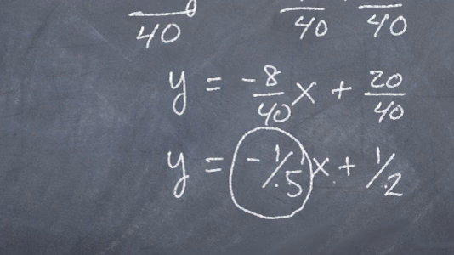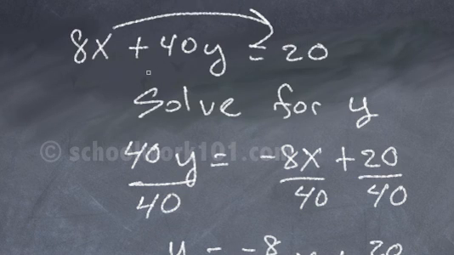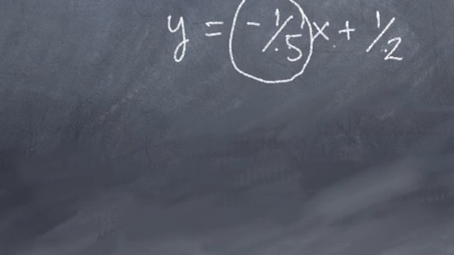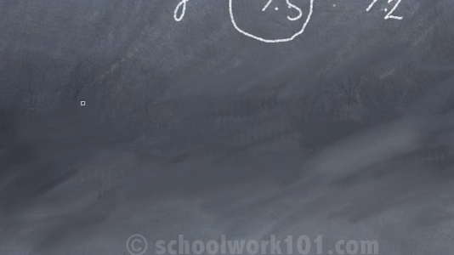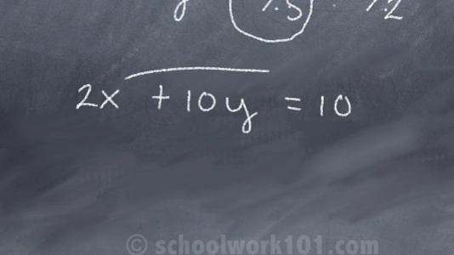All right, so let's look at another one here. So we solved for y in this equation, and let's look at another. Let's say that we have the 2x plus 10y. Now this was our other equation that we had, and we want to solve for y in this problem. So we take the 2x over to the right hand side of the equal sign.